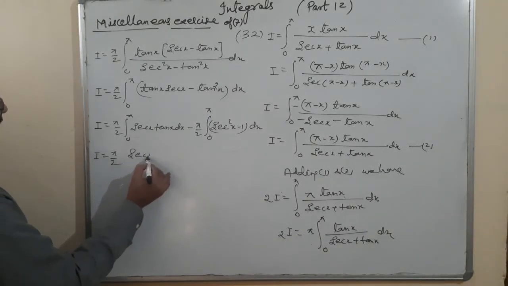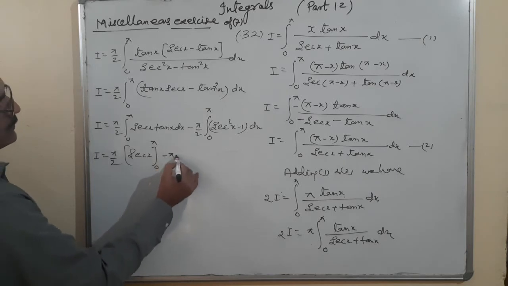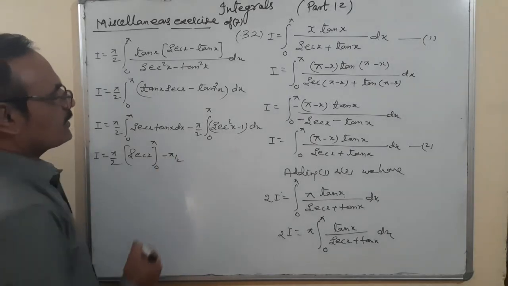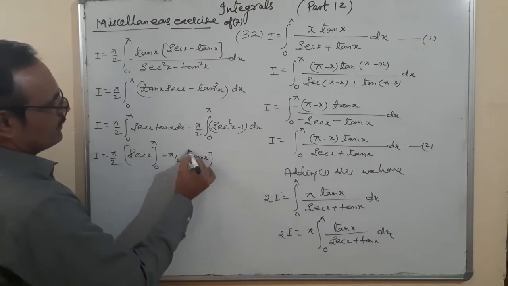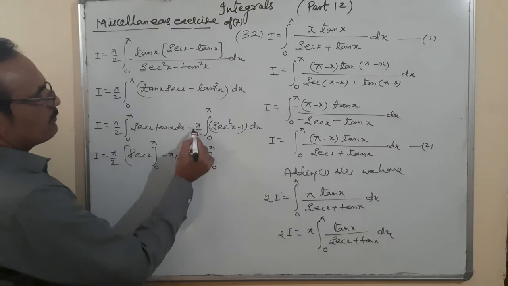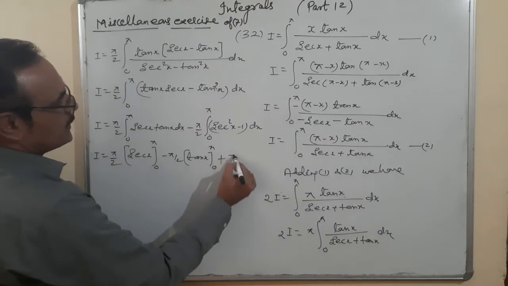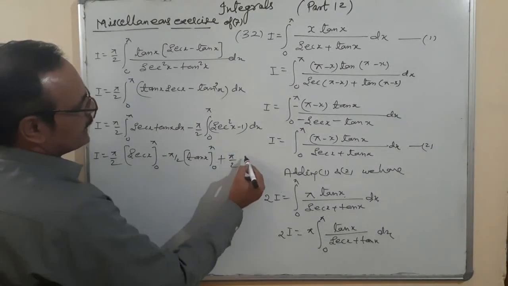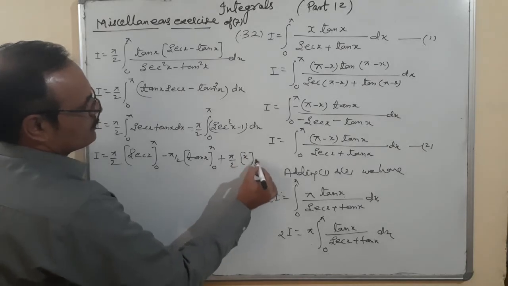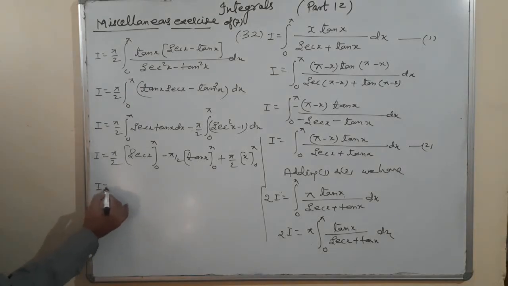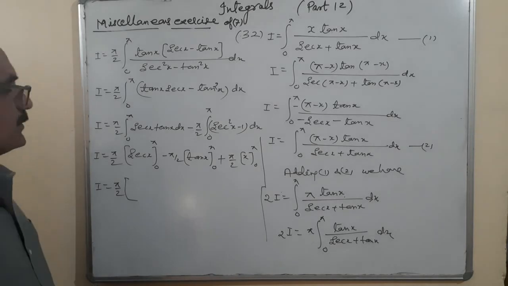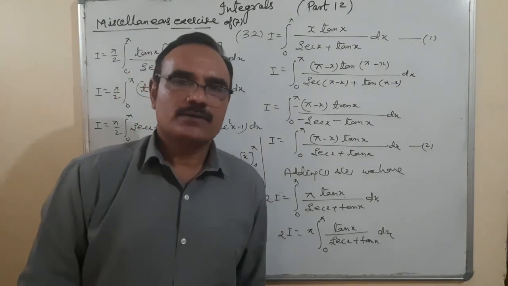Sec x from 0 to pi, minus pi by 2 integration of sec square x minus 1, 0 to pi, minus minus it is plus pi by 2 integration of 1 is x, 0 to pi. Okay. I is equal to pi by 2 sec 180 minus sec 0.